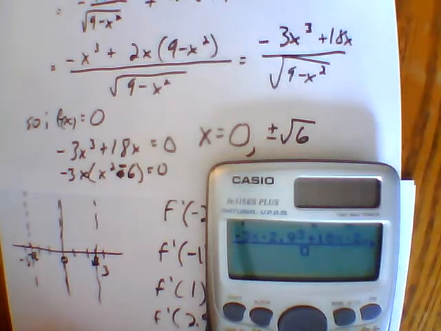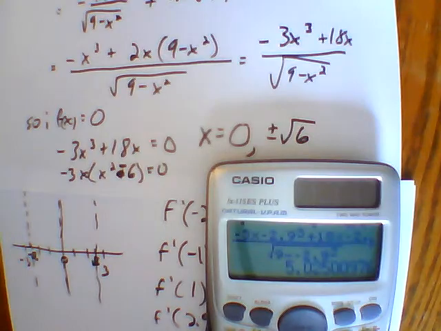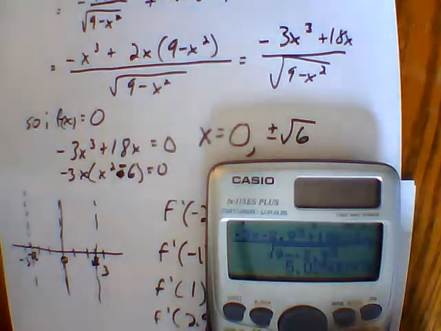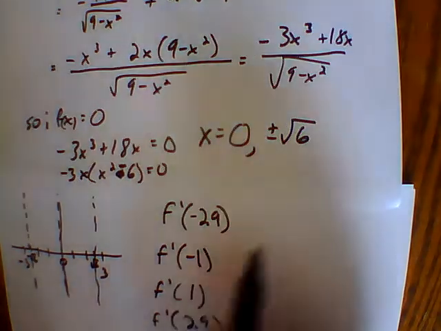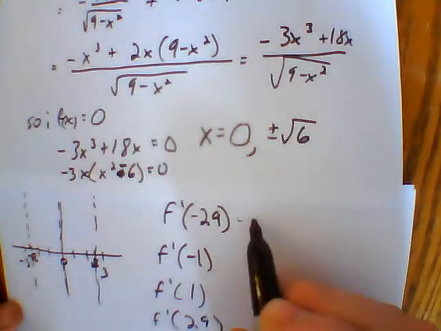And then this is going to be over the square root of 9 minus, once again, our negative 2.9 squared. So when we type this in, we see that we get 5.025.